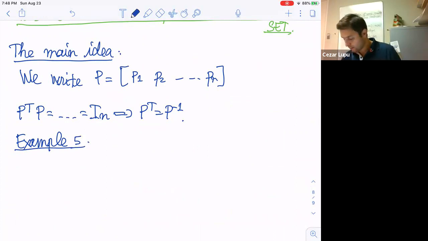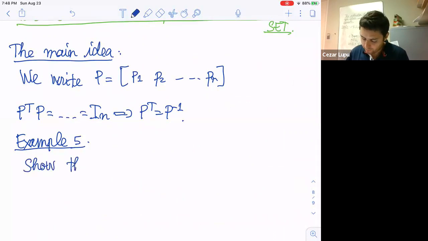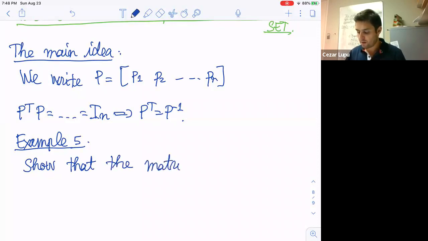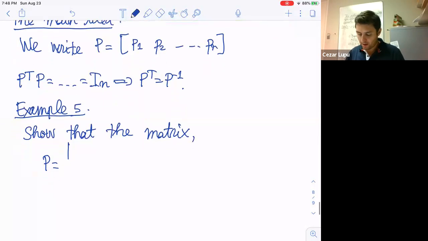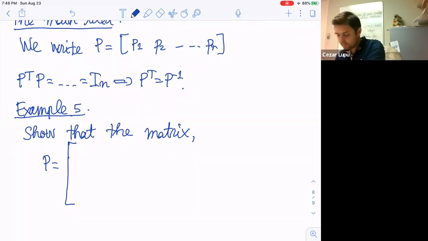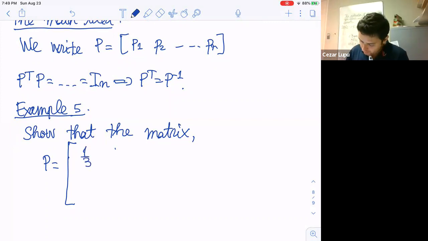We want to show that the matrix P, which will be given by, again, I will take a 3 by 3, but this will be a little bit more pretentious. So it will be 1/3, 2/3, 2/3.